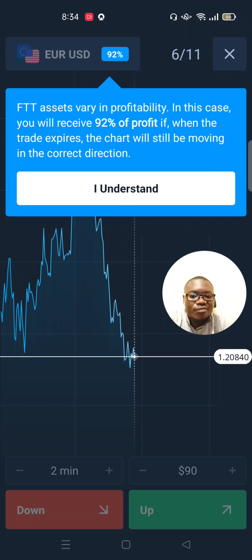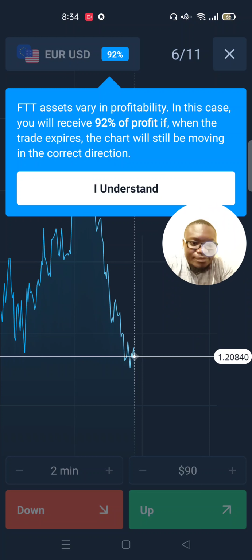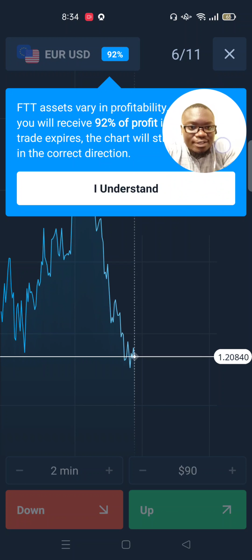So example, you can forecast that in the next 1 minute, you can predict that in the next 1 minute this asset price will rise, or you can predict that in the next 1 minute this asset price will fall.